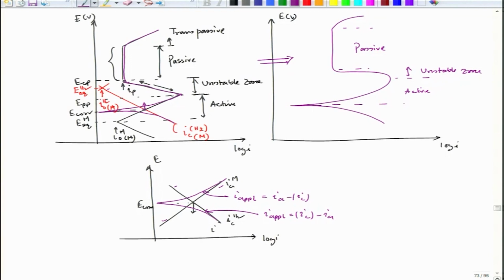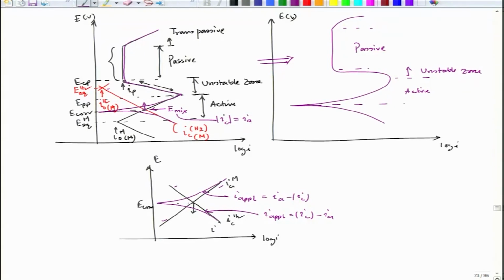How we get the experimental plot is also clear, and that happens because of the mixed potential theory. As per the mixed potential theory, this is the point which corresponds to E mix, and this is the point where I have IC equal to IA, and we get this curve.